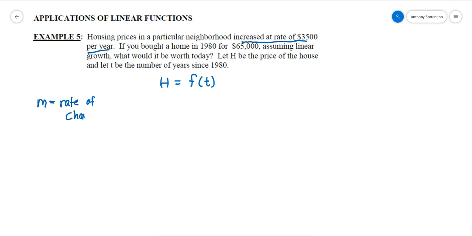Now, usually we say it's a rate of change of y in terms of x. It's an increase of y per increase of x. Well, it could be an increase of dollars per year, where y is the dollars, x is the year. Or in this case, H is the dollars and T is the year. So basically, the rate of change is 3,500.